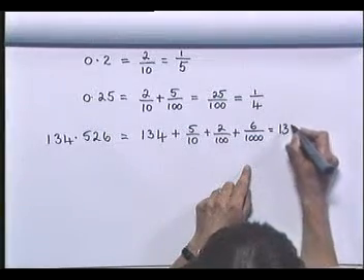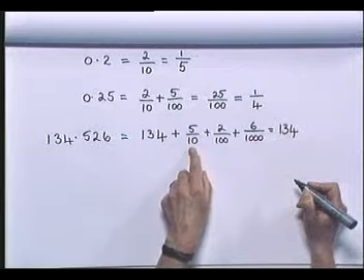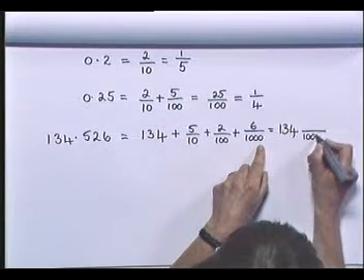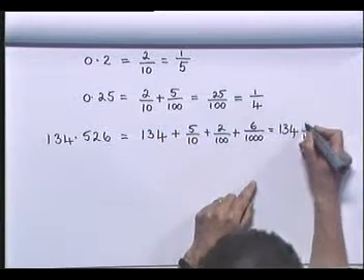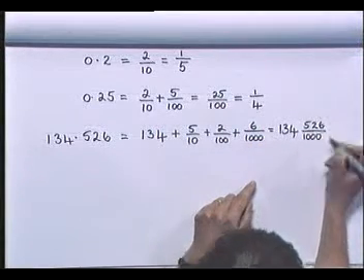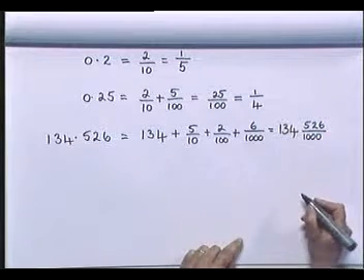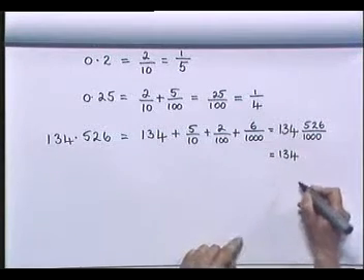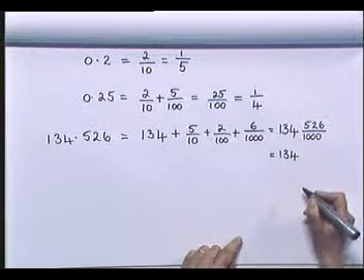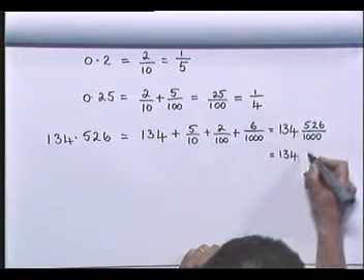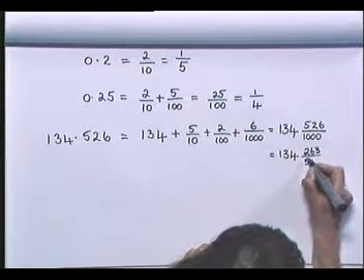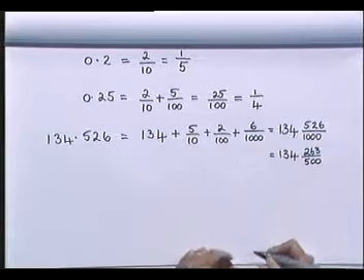Now, if we put these over a common denominator, we've got our 134, and our common denominator here will be 1,000, so we've actually got 526 thousandths. And again, if we put that in its lowest form, they'll both divide by 2, so we get 263 over 500.